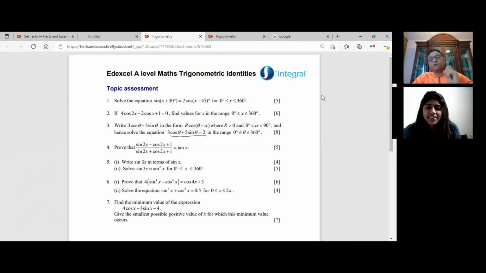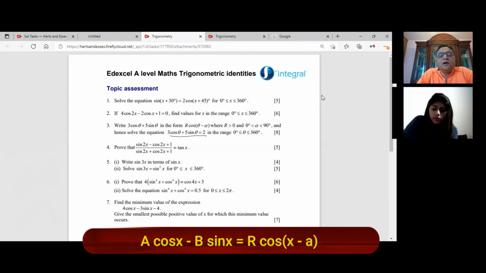Yeah, 2-part question. So in the first part, you have to write this as a cosine function, correct? So we also call it a simple harmonic wave equation, right? You remember that? Yes, I do. So basically, 3 cos theta plus 5 sine theta is to be written in the form of r cos of this, right? So the value of r could be the square root of 3 squared plus 5 squared.